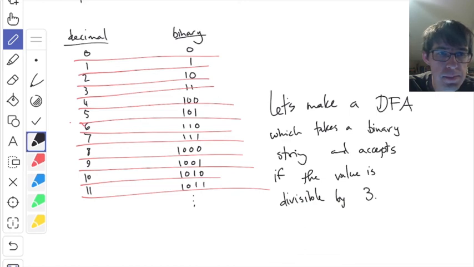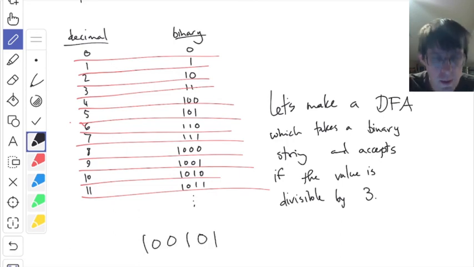Right? What seems interesting about this example to me is that if you ask me to do this, I don't really know how to tell you if a binary string is divisible by 3 or not. Is this number divisible by 3 or not in binary?